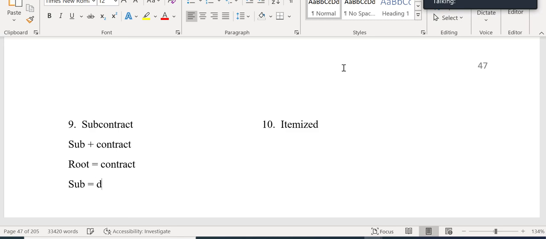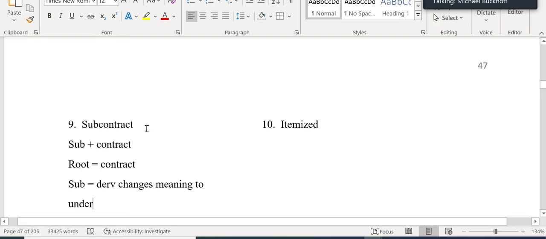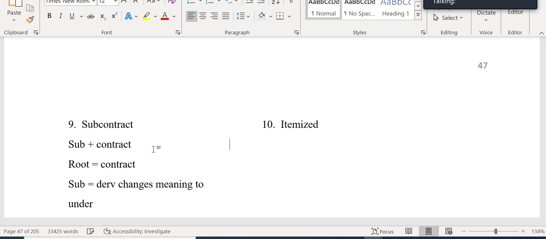Derivational. Good. And changes meaning to, think of things like subordinators, submarine, things of that nature. Under. Good. So it's kind of like a subcontractor is a person who works below the contractor maybe. So the contractor subcontracts certain things when they're building a building to other skilled workers. So it changes meaning to under or below something.